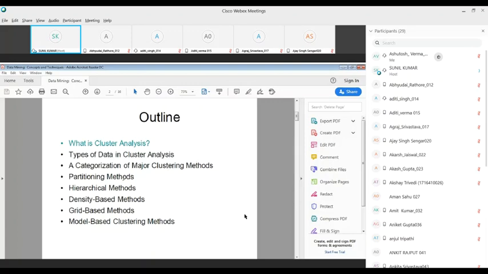The various clustering categorization methods include the partitioning method, hierarchical method, density-based method, grid-based method, or we can say model-based clustering methods. These are the various categories of clustering methods. In each category lie some of the methods, or you can say some of the algorithms.